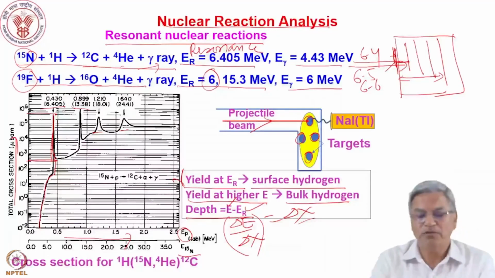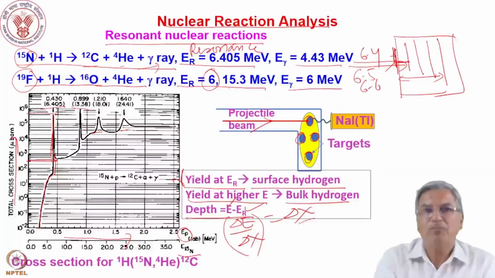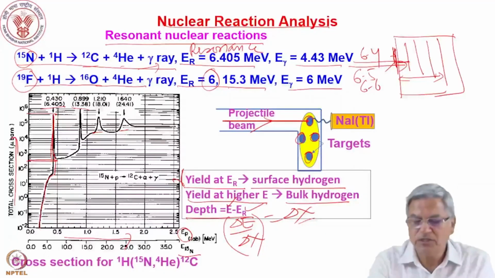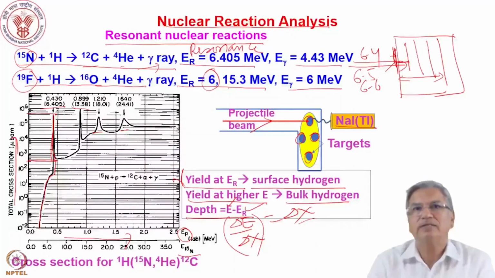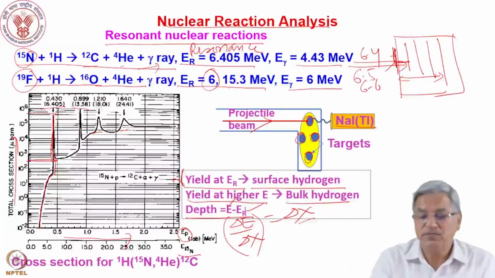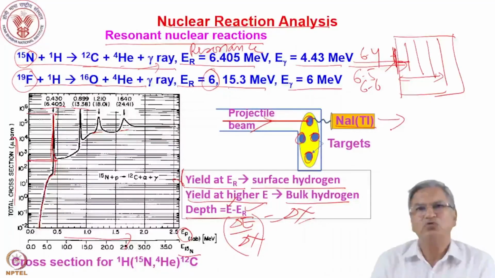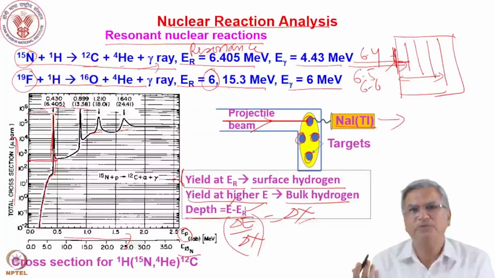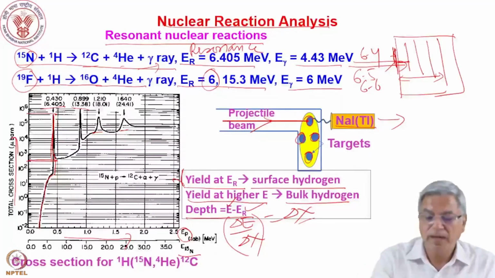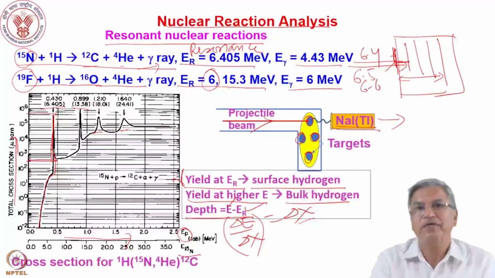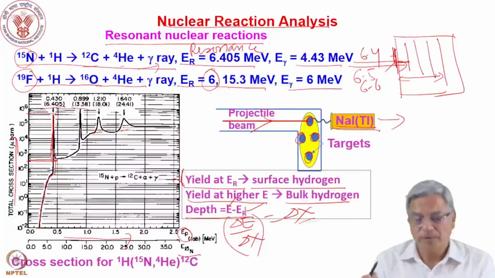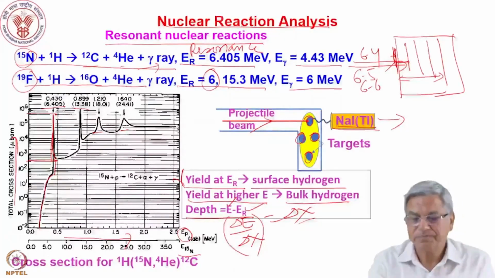One target comes into the beam path, and when you bombard, you simultaneously measure the gamma energy and intensity. Energy is known, so intensity is measured with a sodium iodide thallium detector. You don't need a high-resolution HPGe because you are not interested in energy measurement.